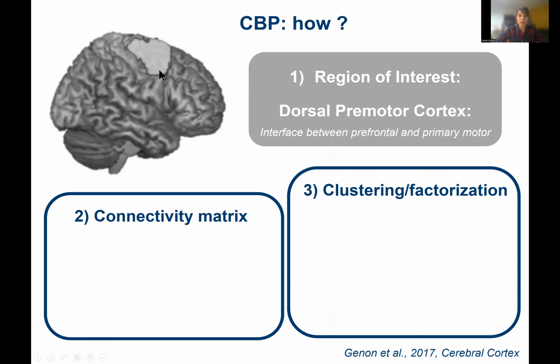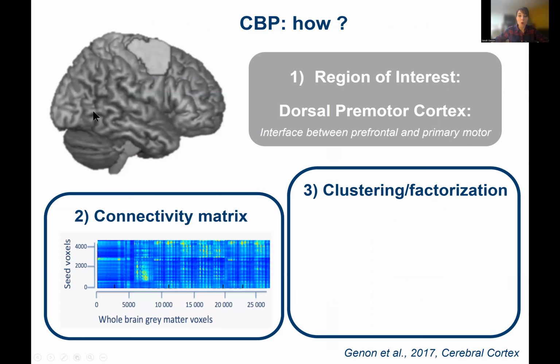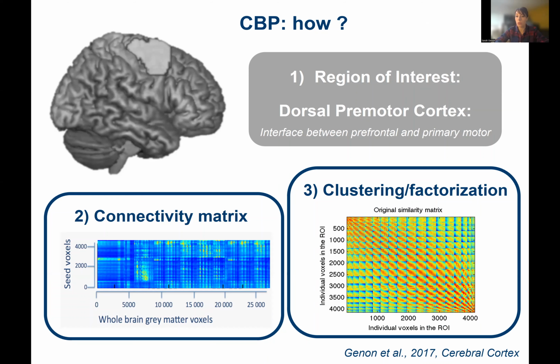So we derive their connectivity profile with all of the voxels in the gray matter, and we store this information in a connectivity matrix. Then for each pair of seed voxels, we can examine their similarity or their distance. And this is the information that the clustering or the factorization approach will use to identify groups of voxels. And this is illustrated here.